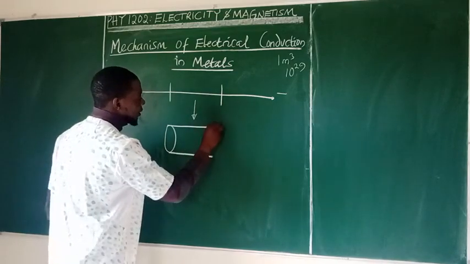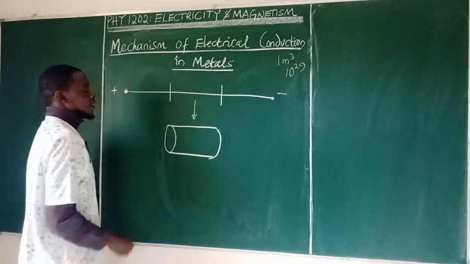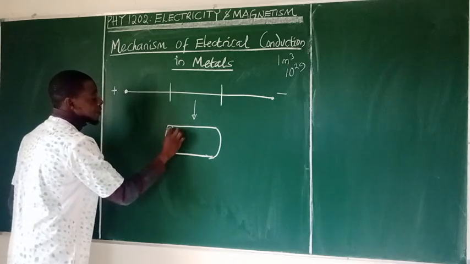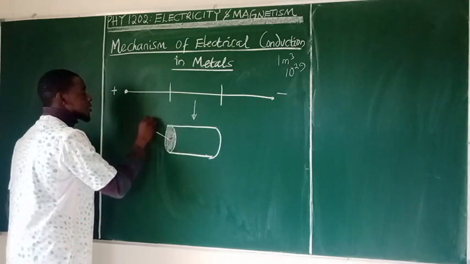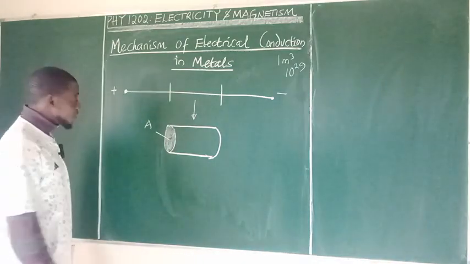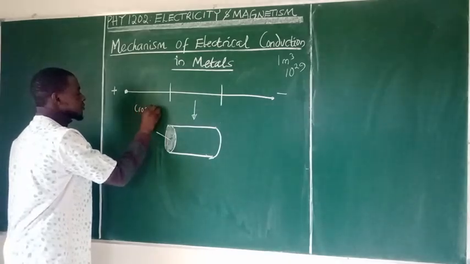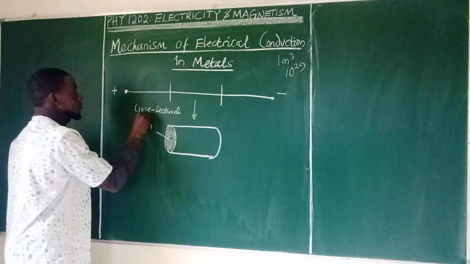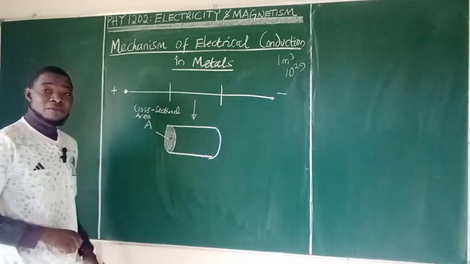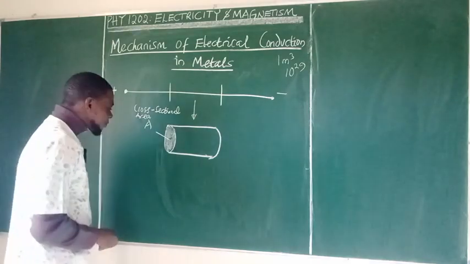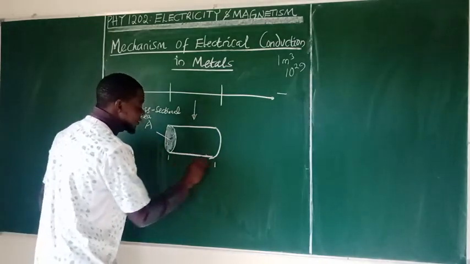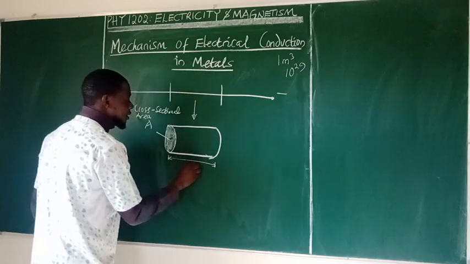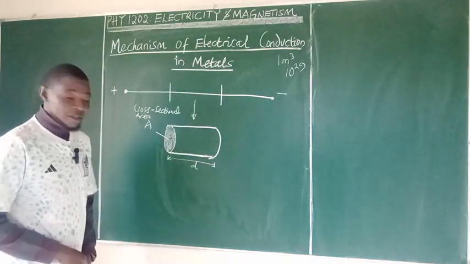When you magnify this cut portion, it has an area that we call the cross-sectional area, denoted by A. Now, let's call the length of this wire from here to here D. This is the length of the wire.